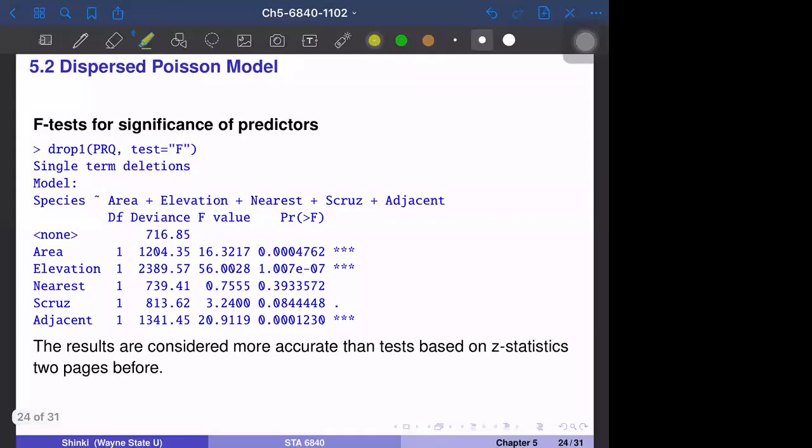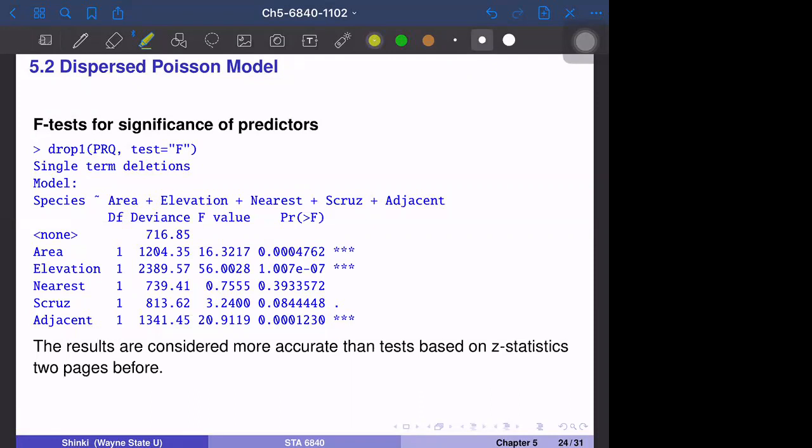So now the F-test. We can do the test by z statistic and the p-value that we have seen, the p-values from two slides ago. But the p-value is based on the normal approximation of the estimate, and that isn't really good. That is just approximately normal because we cannot really assume anything.